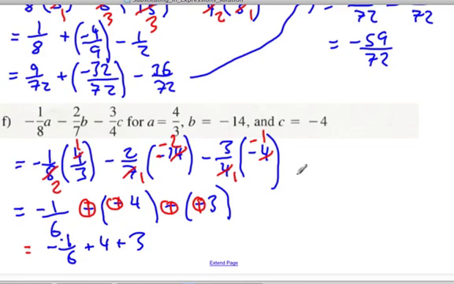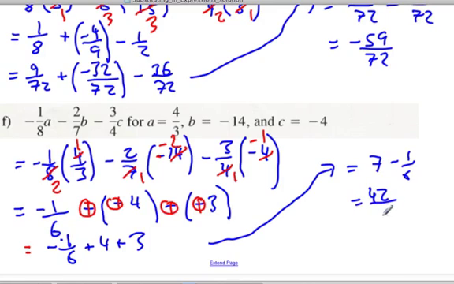Well, we can add these in any order we want, so I'm going to write this as 7 minus 1 over 6, which is equal to 42 over 7, or sorry, 42 over 6. Multiply top and bottom, minus 1/6 equals 41 over 6.